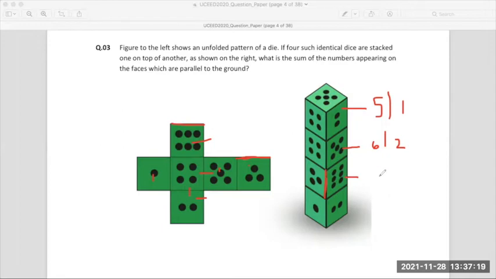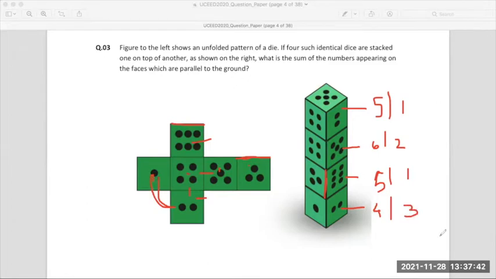Yes. So 5 and 1. 2 and 1 when they are coming together, 4 will be on top and 3 will be at the bottom, right? Yes.